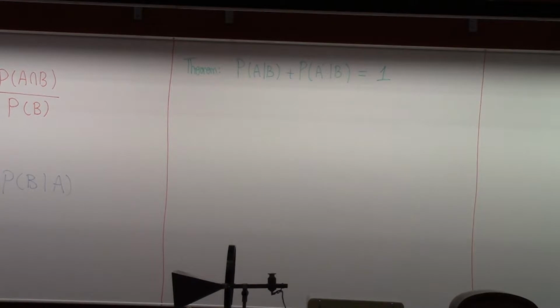Okay, think about it and see if you can prove it. In order to prove it, we need to use the definition of conditional probability. Think about it for about a minute.